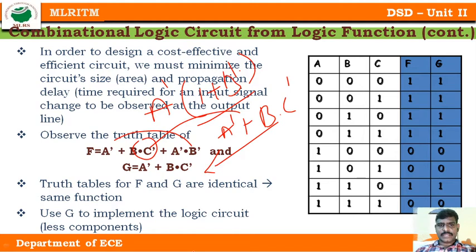But compared to F, it requires some more gates. So this is the use of minimizing a logic circuit in a combinational circuit. So I need to minimize the circuit size and reduce the propagation delay. Okay, sorry, the propagation delay should be reduced, which means the output variation, depending upon your input, needs to change very quickly.